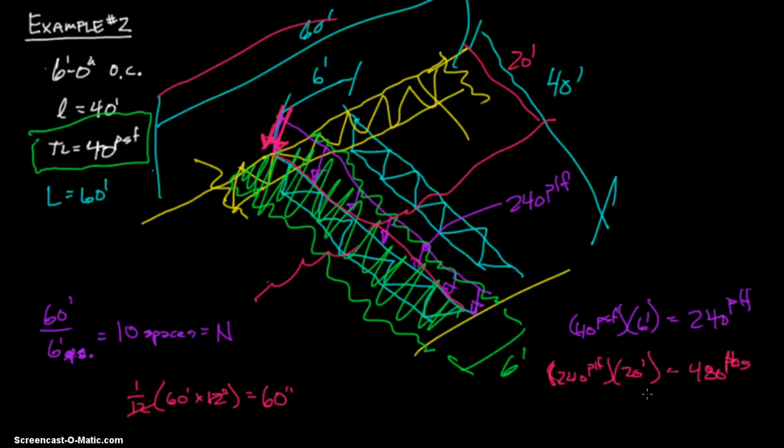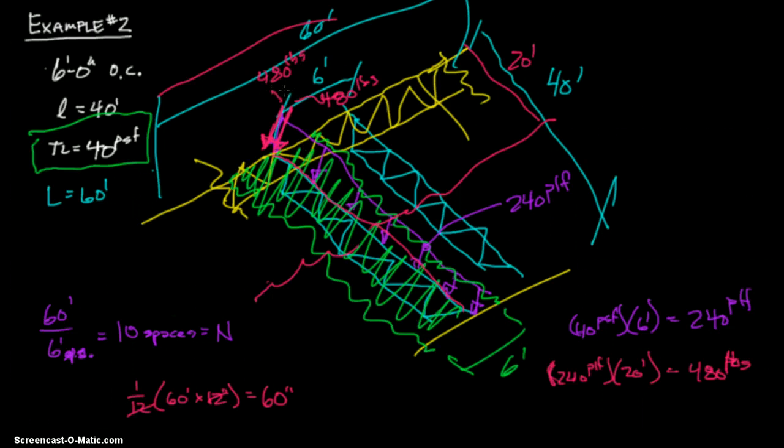There we go. And we know that the other side is going to be 480 pounds. Then over here is going to be 480 pounds. And since they're pretty much on top of each other, it kind of depends how you frame it.